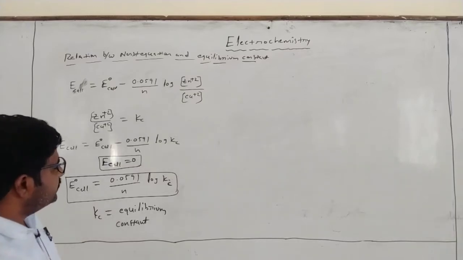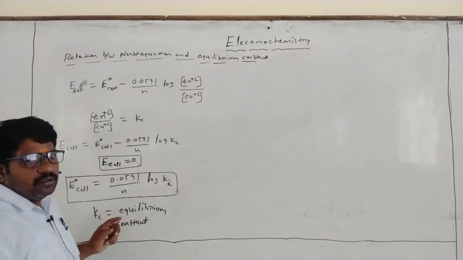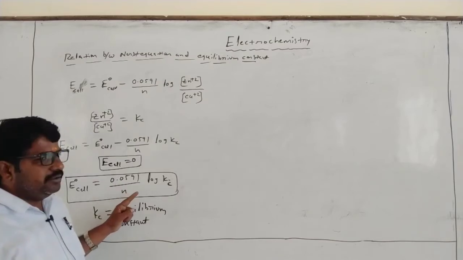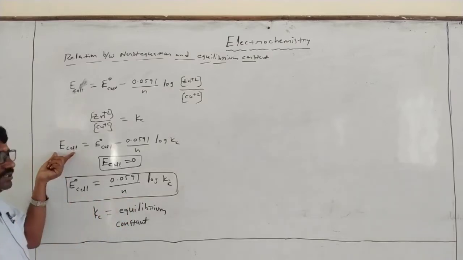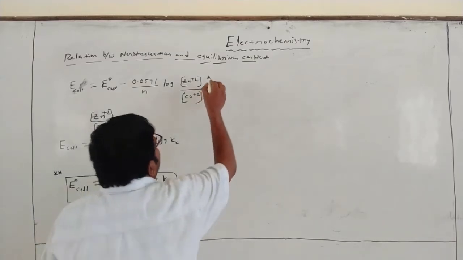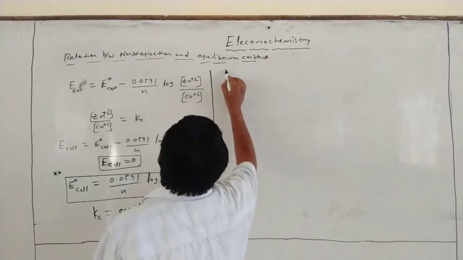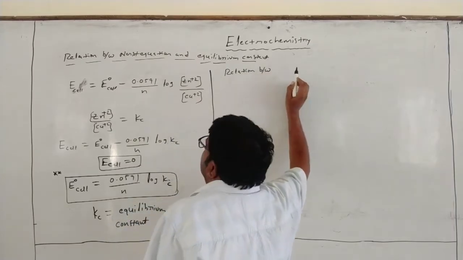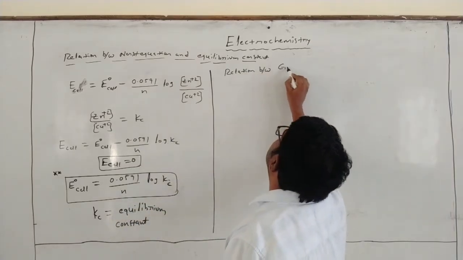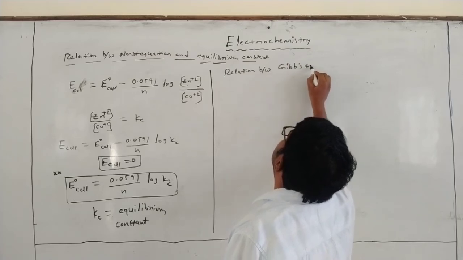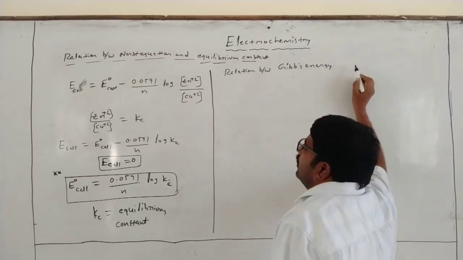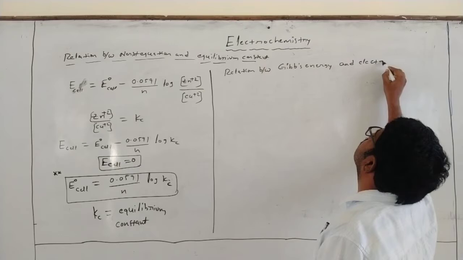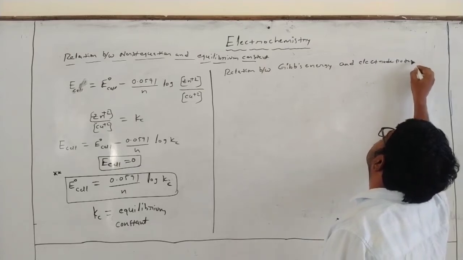Next, what is the relation between Gibbs energy and electrode potential?